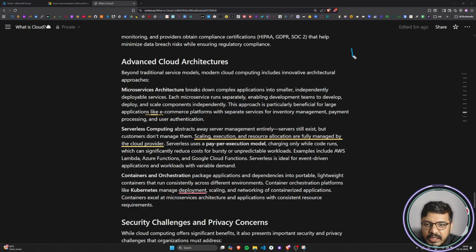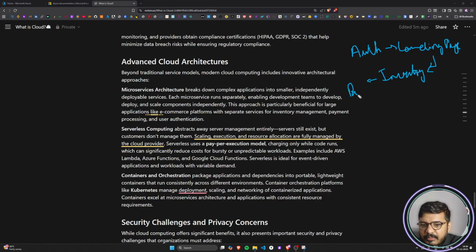So what microservice architecture basically is, let's suppose we have an application where we have multiple modules, like we have authentication, right? Then we have some kind of landing page, right? Then we can have, let's suppose, an inventory page. Okay, we can then have, let's suppose, a payments page, and much more pages. I'm just keeping it simple, right? So in microservice architecture, we will host all these modules on separate servers.